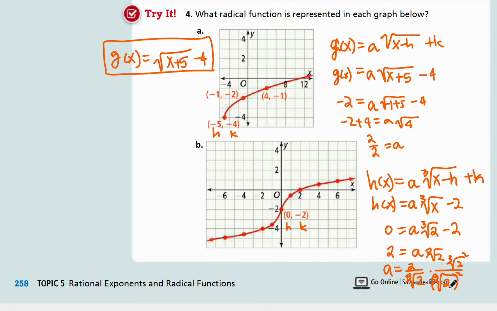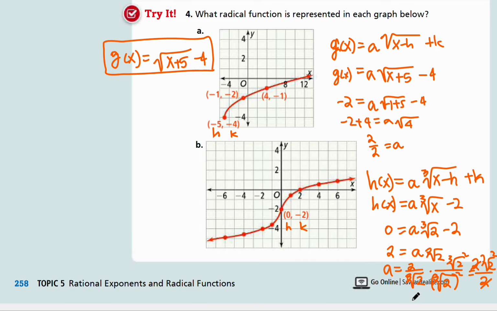And then get 2 in the denominator, and this 2 is really cube root of 2 cubed. So you have 2 cube root of 2 squared, but then that's canceled out.